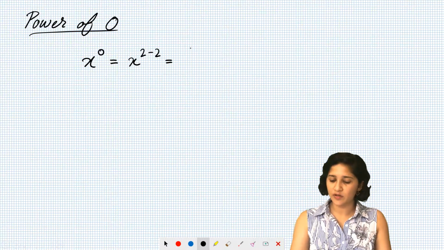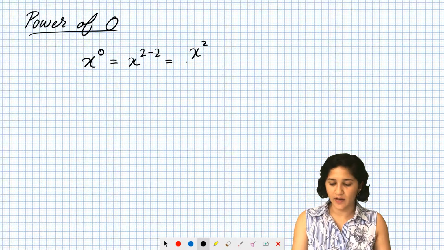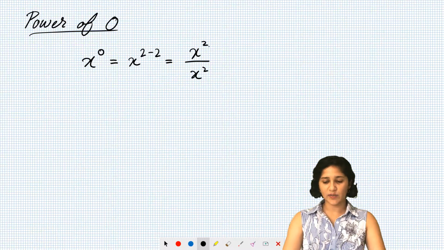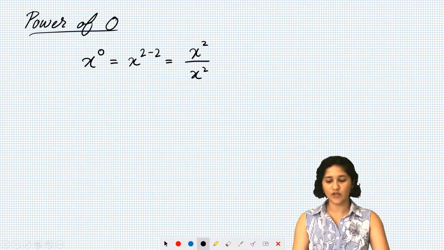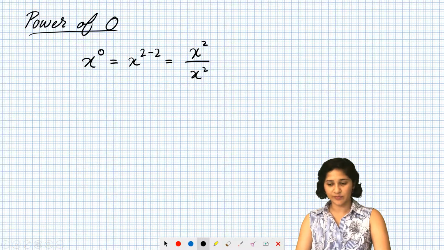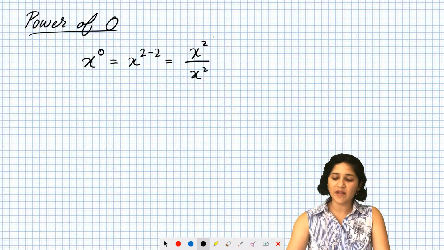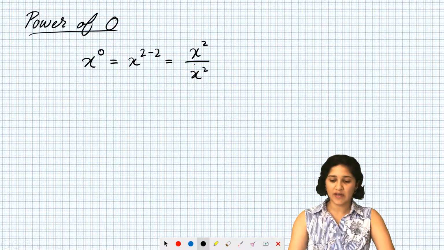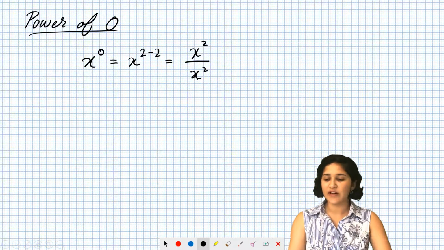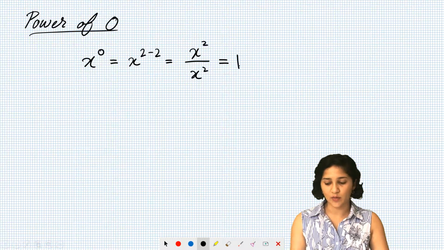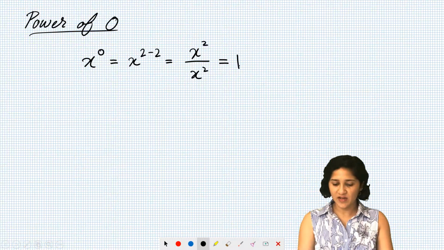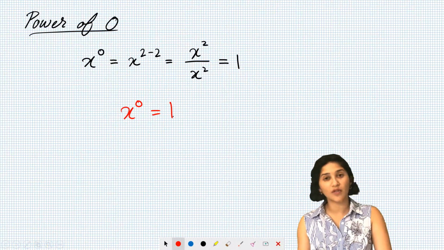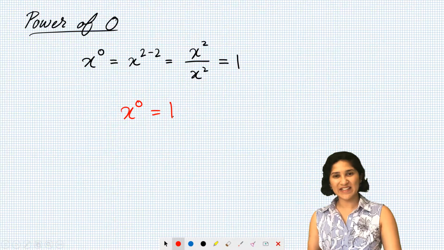And from the division law, we know that that could have been x squared divided by x squared, okay? X squared over x squared would have given us x to the 2 minus 2, and that gives us x to the 0. But this is something divided by itself. And we know that anytime you have the same thing on the top and bottom of a fraction, that fraction is equal to 1, right? So, x to the power of 0 is actually equal to 1. Make sense?